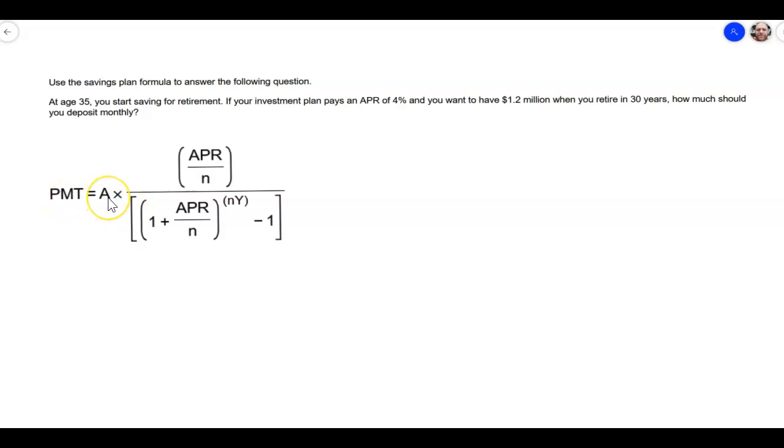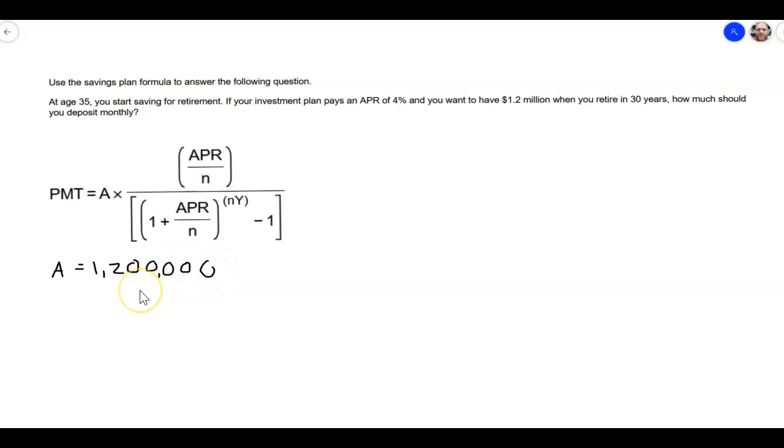A is the accumulated amount, the total amount including interest and principal, that we want in 30 years. So A is equal to 1.2 million.